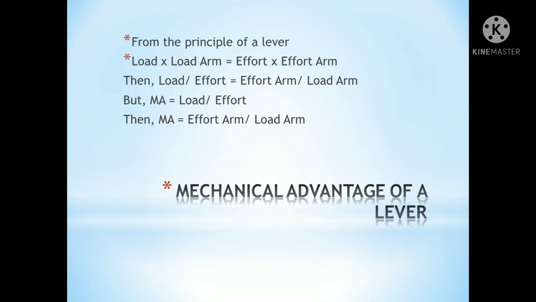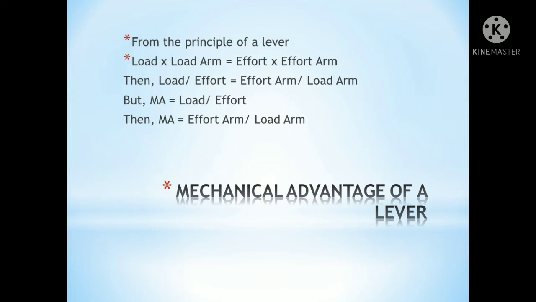But we know mechanical advantage is the ratio of load and effort, isn't it? So load by effort is MA, meaning mechanical advantage. So MA will be effort arm divided by load arm. Okay students, this is the mechanical advantage of a lever. While doing problems we will usually get this term.